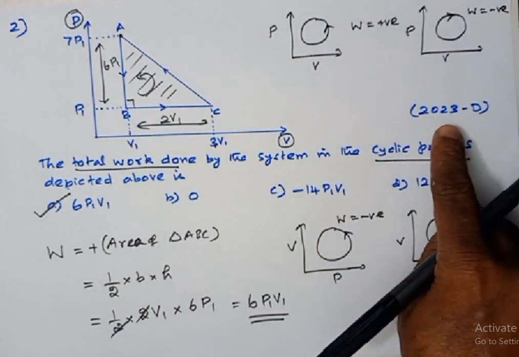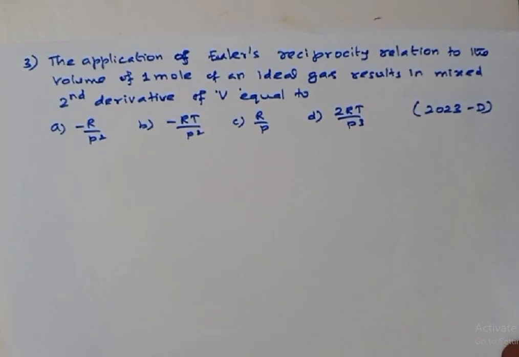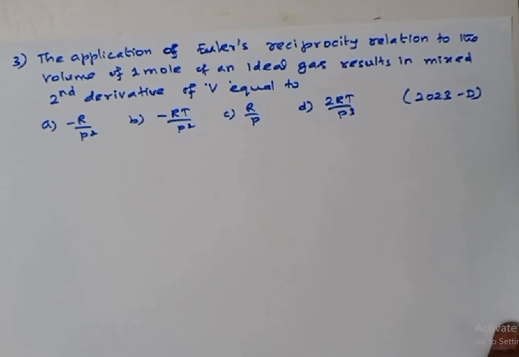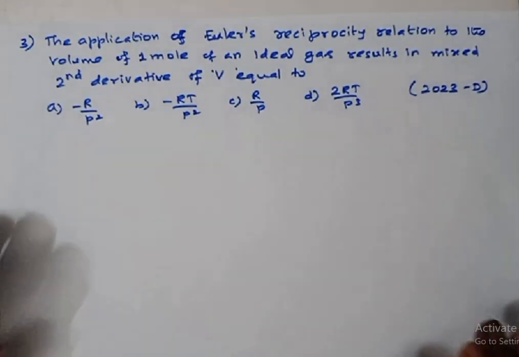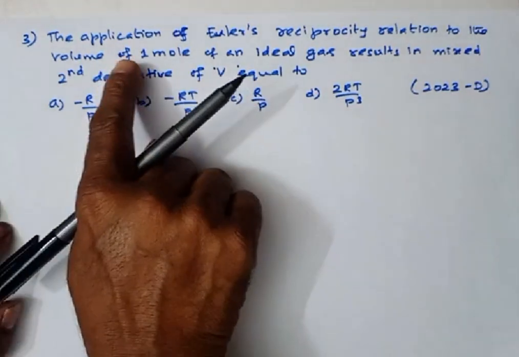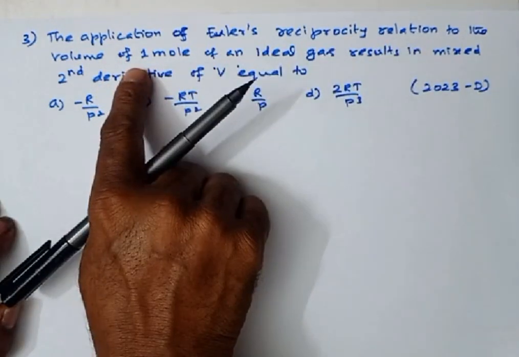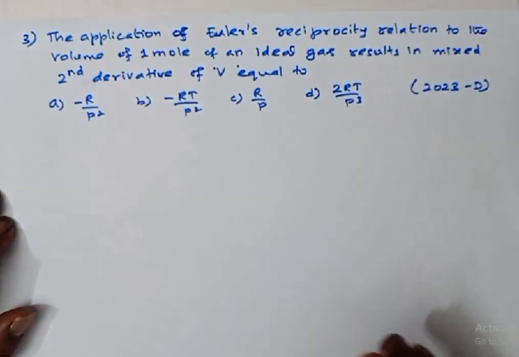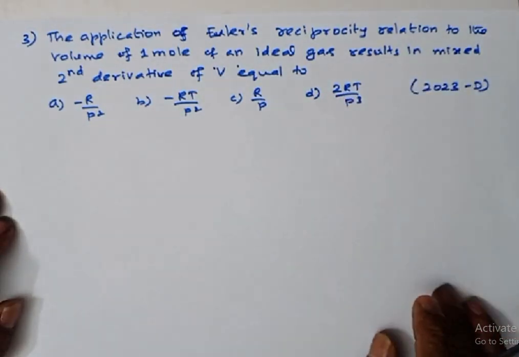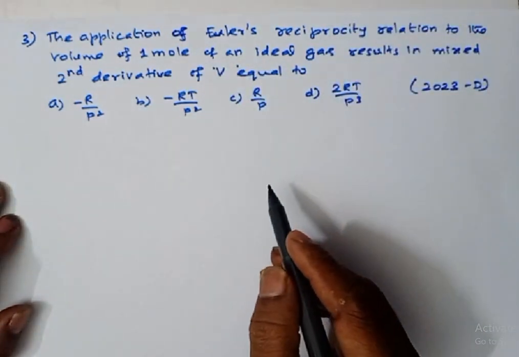See, this question appeared in 2023 December. One more question appeared from the classical thermodynamics topic in the same examination, 2023 December. This question is somewhat interesting. The application of Euler's reciprocity relation to the volume of 1 mole of an ideal gas results in a mixed second derivative of volume, which is equal to... Listen, Euler's reciprocity you know very well, right?